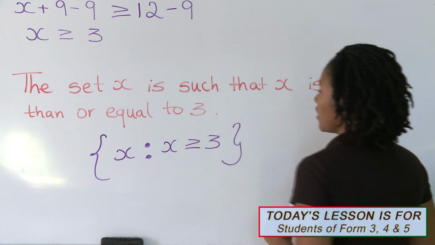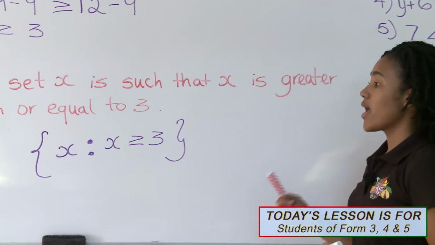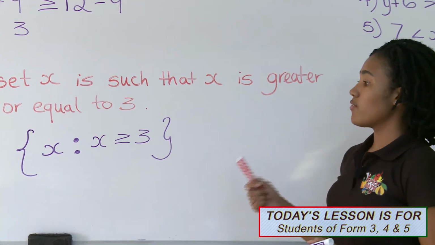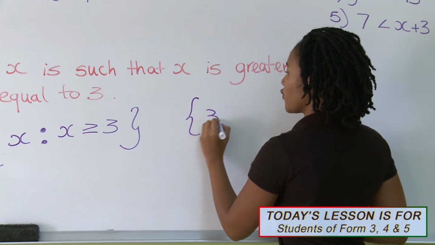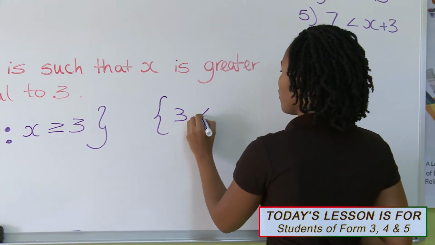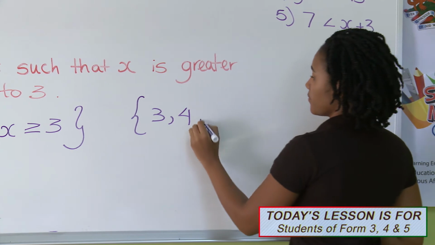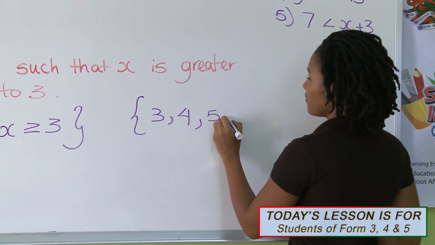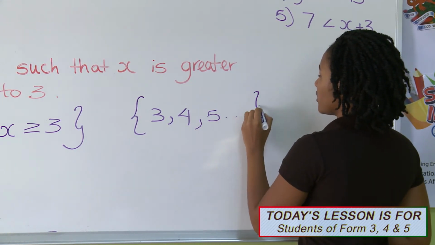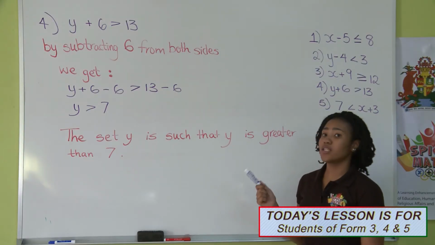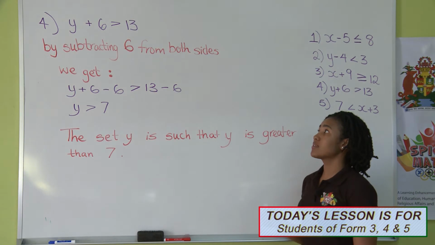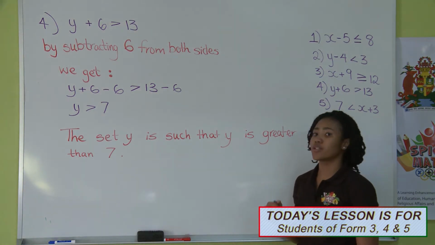Now, assuming once again that x is an integer, the values of x can be 3, 4, 5, and continues to infinity.